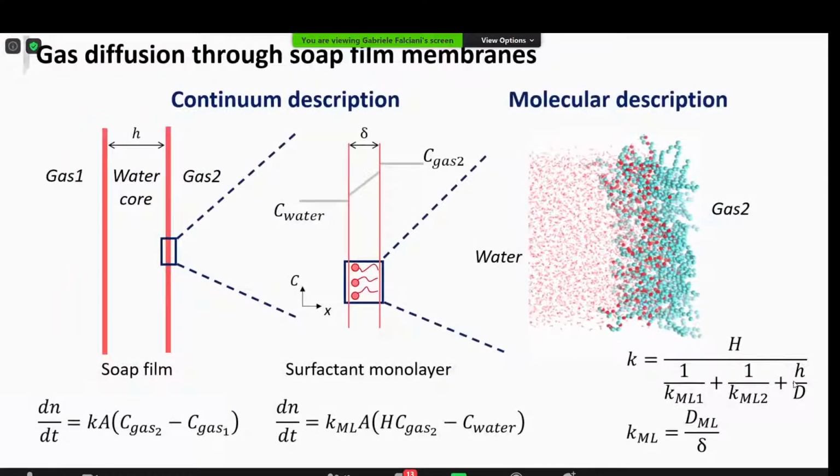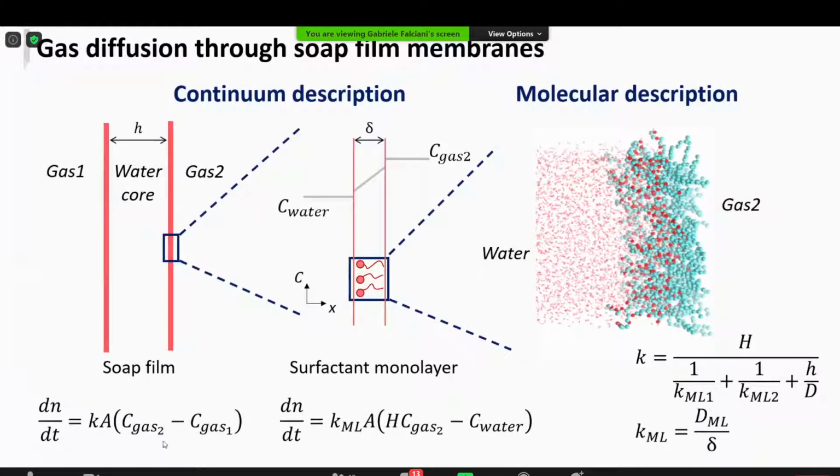The lowercase h is the thickness of the water core, and D is the diffusion coefficient of the gas in water. Here, K_ML1 is the monolayer permeability of the first surfactant monolayer, while K_ML2 is the monolayer permeability of the second surfactant monolayer.